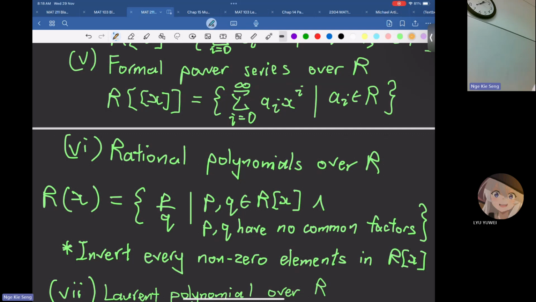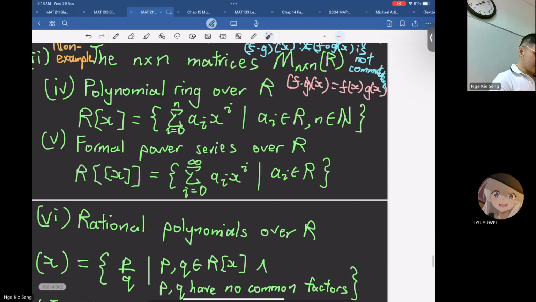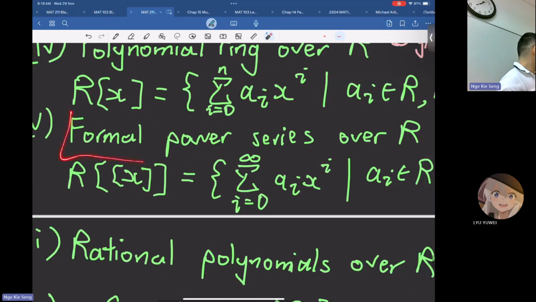I can put all these rings in. So we are not restricted to any function here, because later we can do more general stuff. We can put in all these rings as our domain.